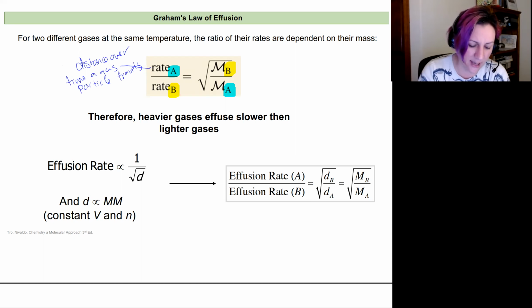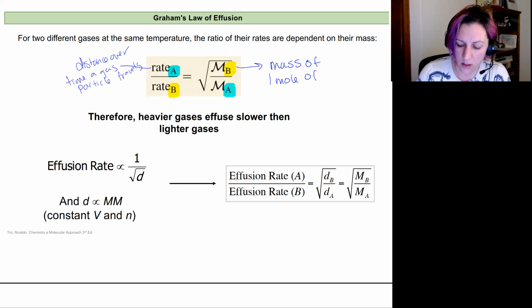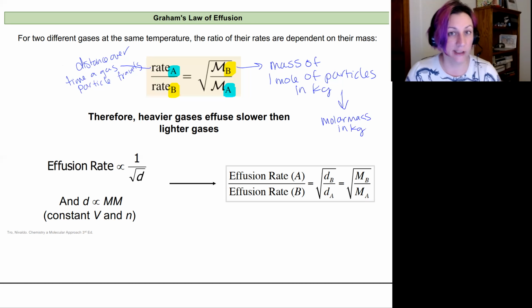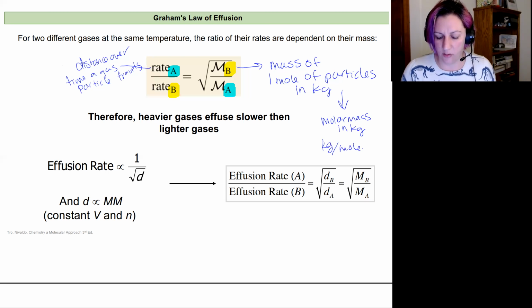And that's what that big M is. So it's the mass of 1 mole of particles in kilograms, right? Which is the same thing as molar mass in kilograms, right? So we would have units like kilograms per mole instead of grams per mole.